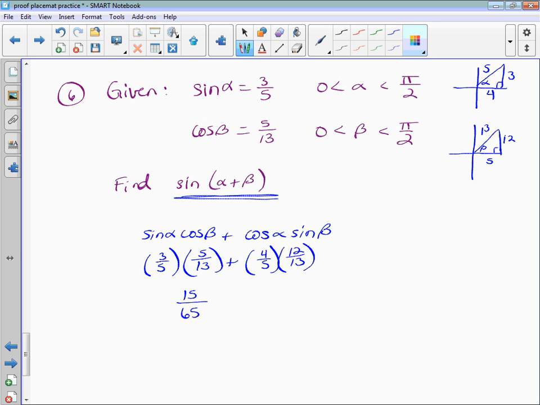I wouldn't reduce, because if you reduce, then you're going to have to turn right around and find a common denominator. Plus, what's 4 times 12? Over 65, which, when you add them together, equals 63 over 65. Okay. So the sine of alpha plus beta is 63 over 65. Right? Doable? You can draw pictures. Okay.